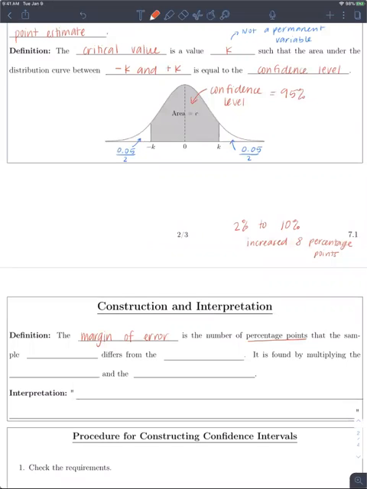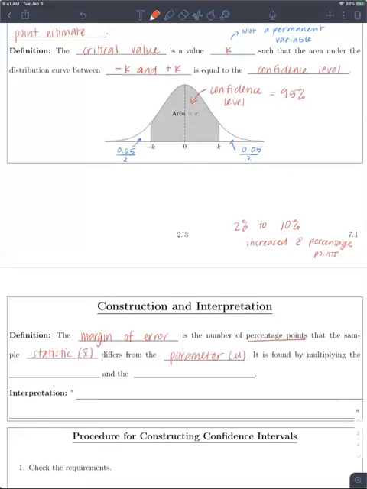But here, the margin of error is the number of percentage points that the sample statistic differs from the population parameter. So how does X bar differ from mu, essentially?